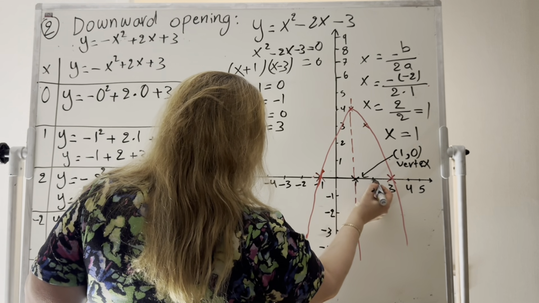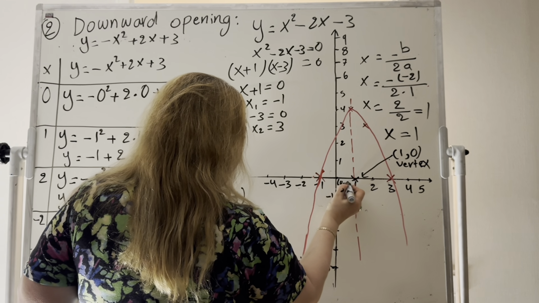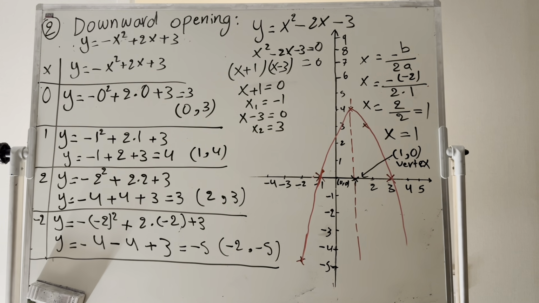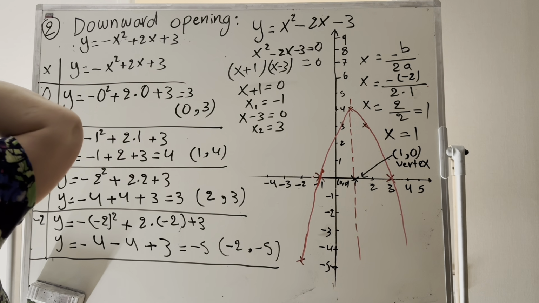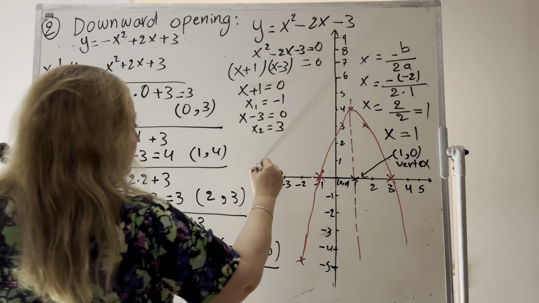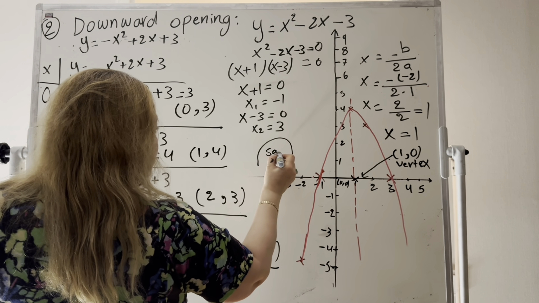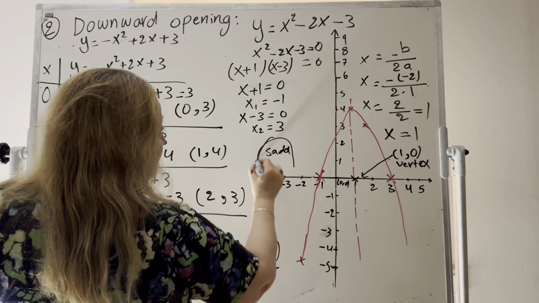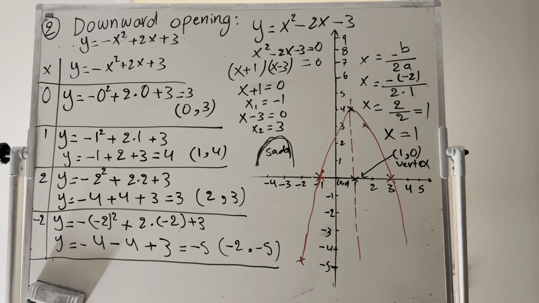The equation begins with minus x squared, which means a is smaller than 0, and we see the sad face here. So we have a maximum point.